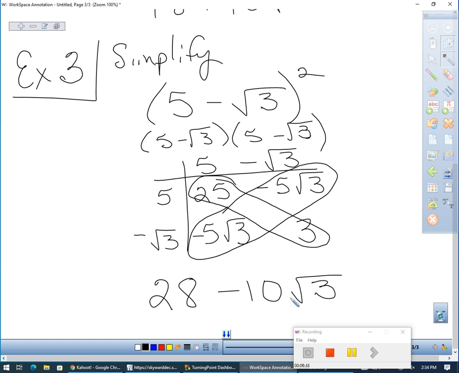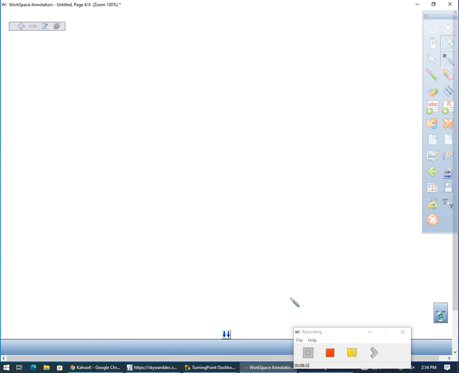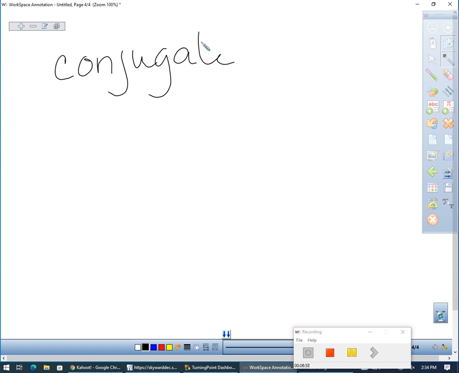All right, so we talked about adding, subtracting, multiplying. What do you think needs to come next? Dividing. So before we get to the dividing, though, there is a word we used when we were working with imaginary numbers. It was the conjugate. Does anybody remember what the conjugate means?